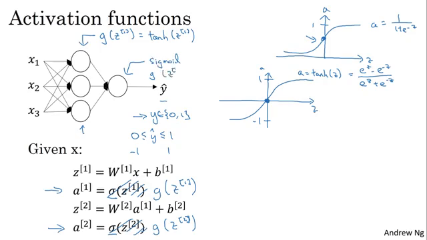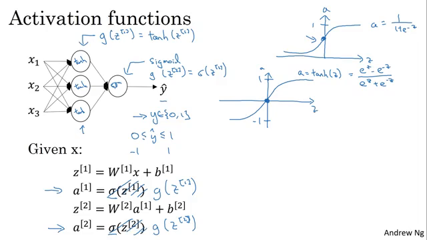So g of z2 here is equal to sigma of z2. And so what you see in this example is where you might have a tanh activation function for the hidden layer and sigmoid for the output layer. So the activation functions can be different for different layers.